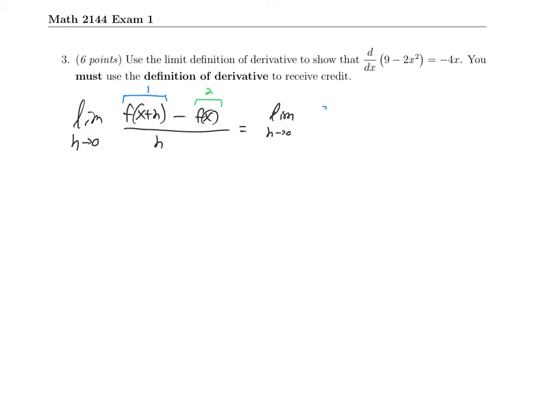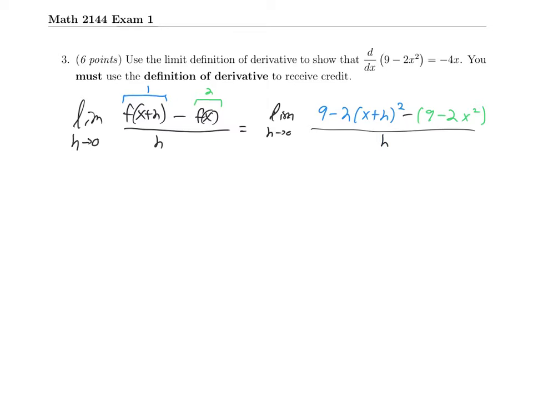That's all that is. So we have 9 minus 2 times x plus h squared. Then we subtract f of x, which is just our function unchanged, so 9 minus 2x squared. And we're still divided by h.